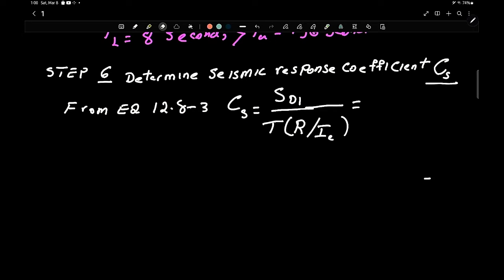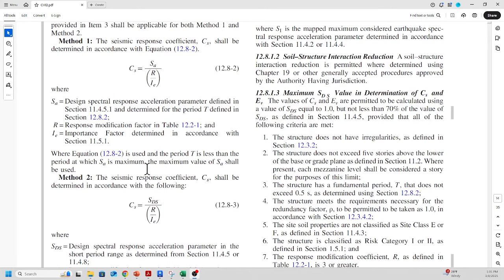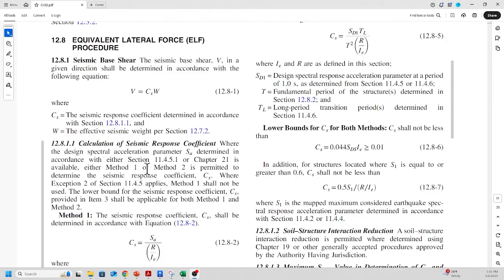Okay, we're going to move to step number 6, which is calculating the seismic response coefficient Cs. Let me bring it up here. Right here, this is what we're looking for.